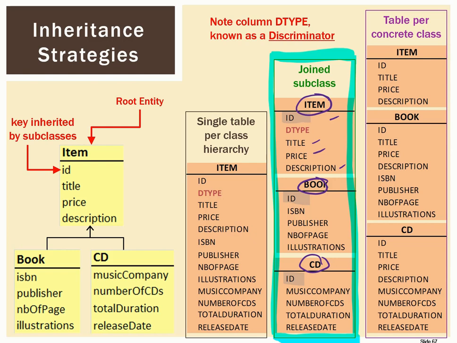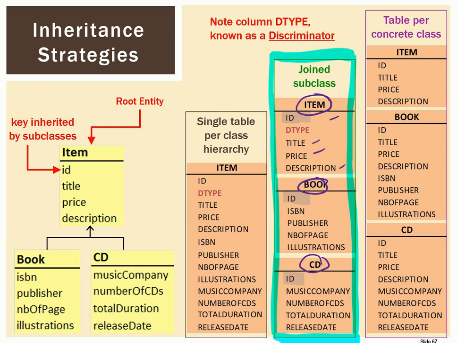There's another interesting complication to the joined subclass model, and that has to do with the IDs and keeping them in sync. In both the single table per class hierarchy model and the table per concrete class model, you can just have the ID, the primary key, be an auto increment. But not so in the joined subclass model.